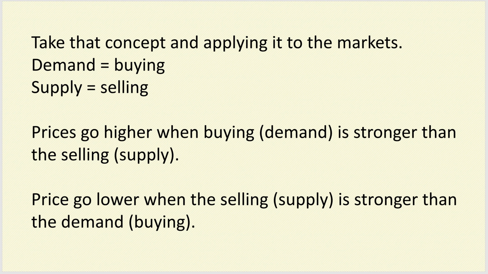There's people that have a lot of supply of something, a lot of Beanie Babies or something like that, and they've got to sell it. They can't buy any more until they sell the Beanie Babies that they have. Basically, prices go higher when buying is stronger than selling. You just swap out the words demand and supply. Prices go lower when the selling is stronger than the buying.